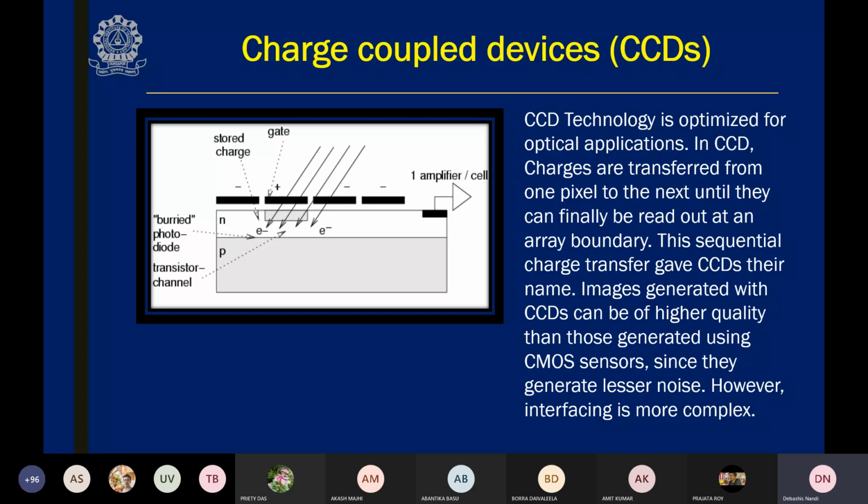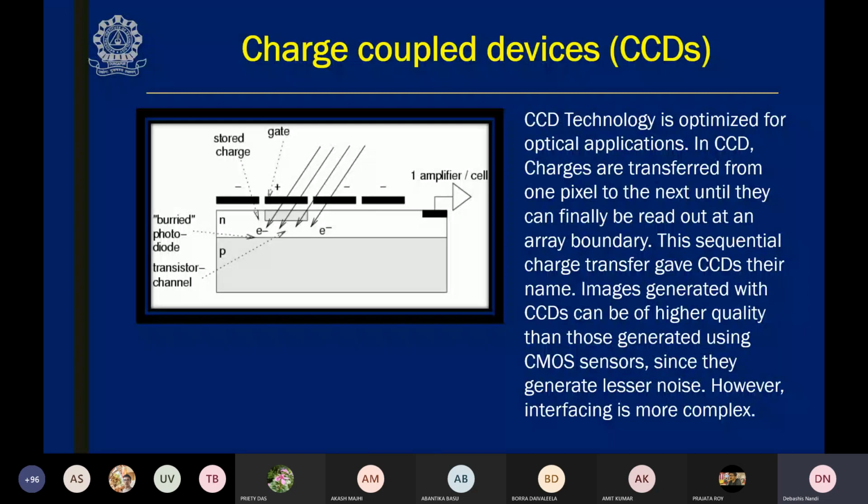And when light falls on this, some photodiodes are there, green photodiodes here is written, and based on this light intensity value, the charge will be stored in the capacitance, and then it will flow from one capacitor to another capacitor.